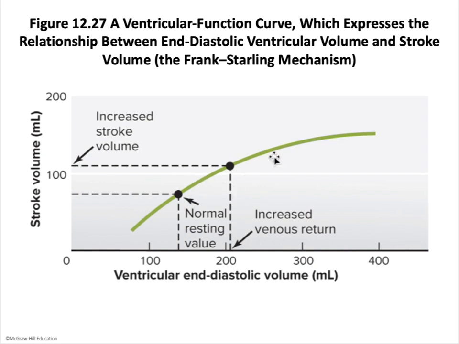So the more you stretch the heart, the more it forces out on the very next heartbeat. The conclusion, amazingly, is that within a single heartbeat, the heart can adjust to requirements of the body in terms of pumping capacity.